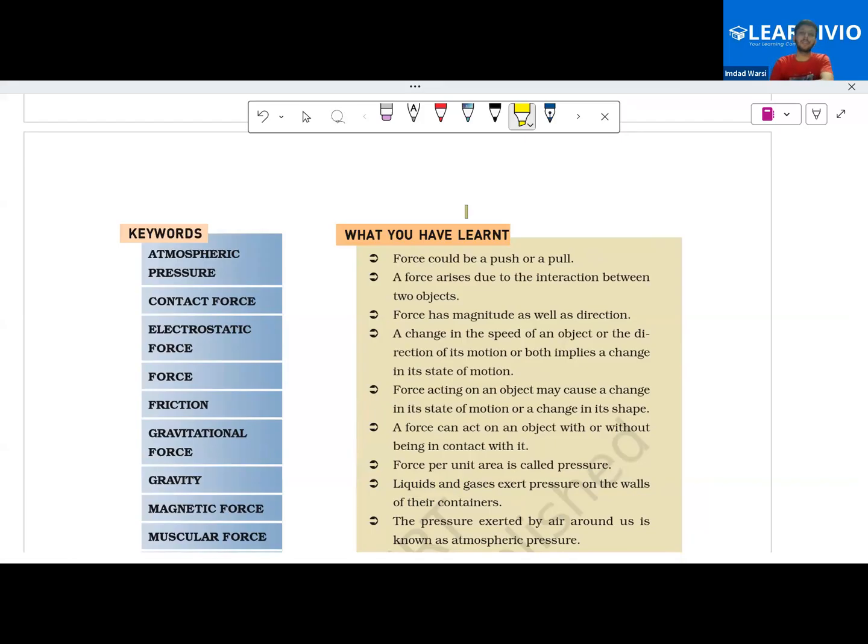Now look at the keywords. Tell me what is atmospheric pressure. The pressure exerted by the air is known as atmospheric pressure.